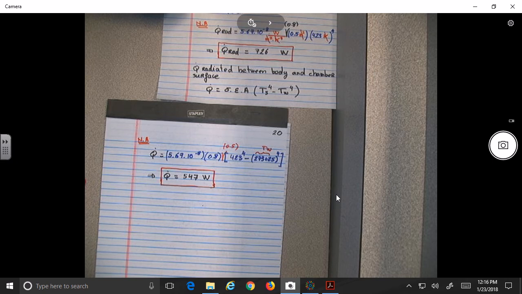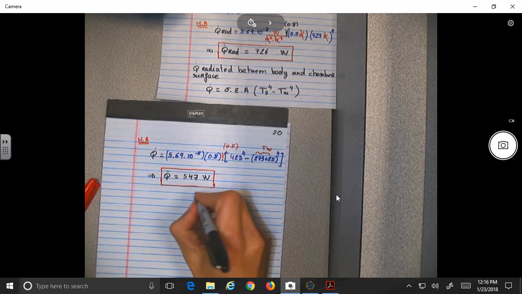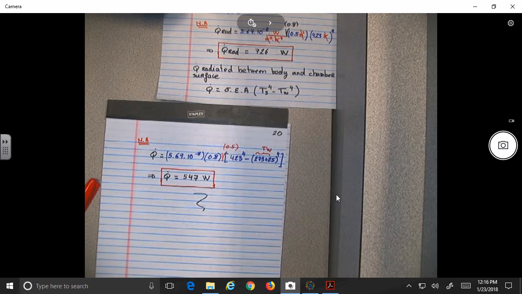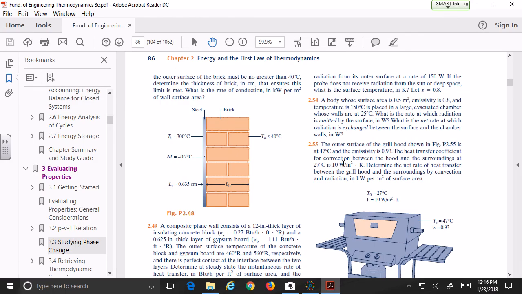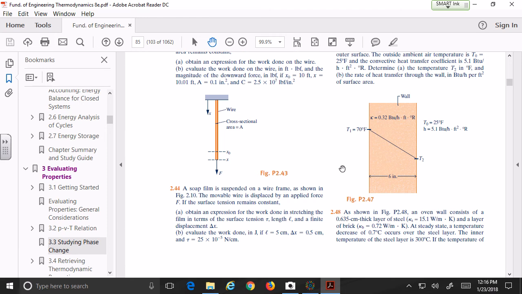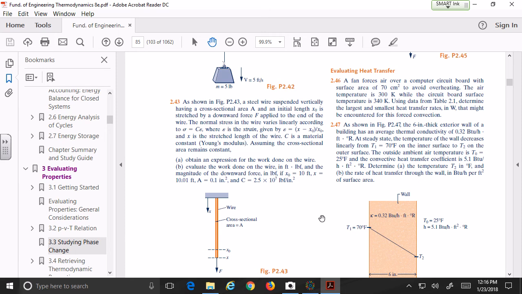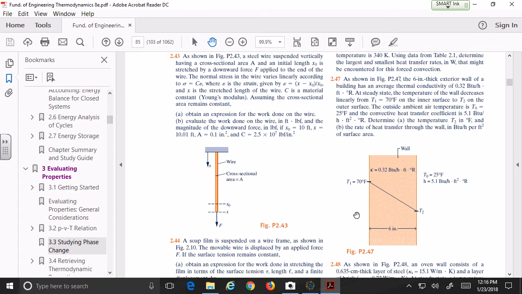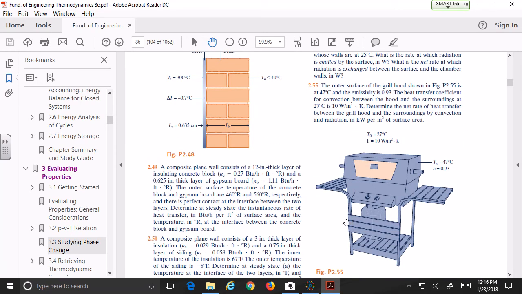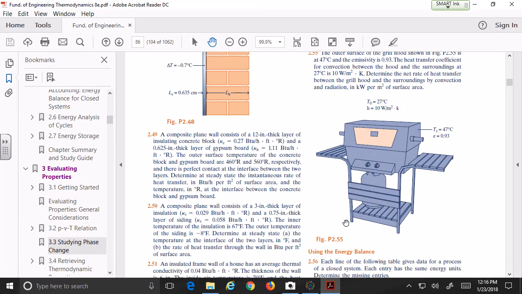Okay? All right, so let me add some problems to the homework. So if we did this one, you're going to do 248. So 48 for sure. I'd say 46. 50. 55.